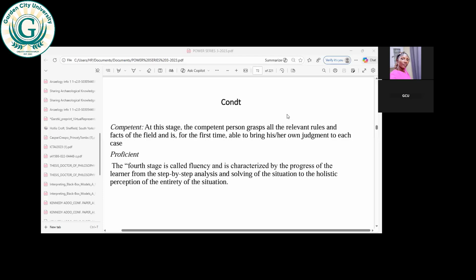So if I want you to put yourself somewhere, how are you going to classify yourself? Are you going to peg yourself at the proficiency level? I'm asking you. How do you see yourself in this kind of conversation? Where do you place yourself? I'm a competent nurse.